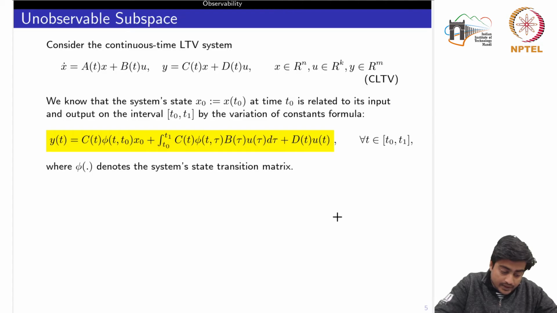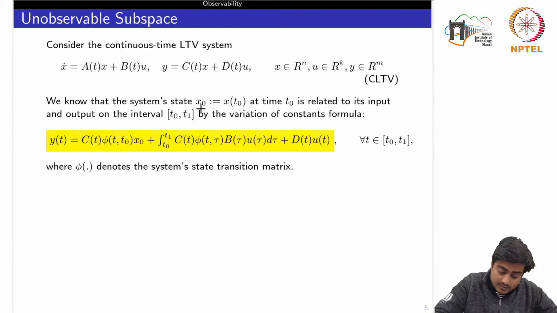Then we define the unobservable subspace, similarly to what we did during the controllability week, where we defined some subspaces and then did some characterizations. Consider the continuous-time linear time-varying system where now all the A, B, C, D matrices are time varying with the same dimension.